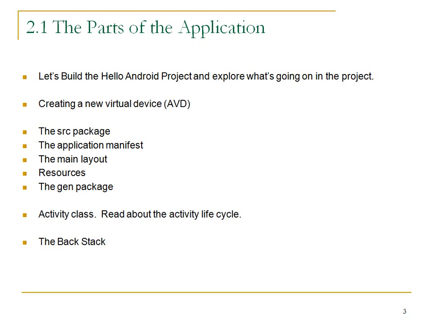I know you've done that already in the setup, but we're going to just keep making some. We will look inside the application at the source package, the application's manifest, the main layout, the resources, the gen package, and then we will specifically look at the activity class. And we'll talk about the backstack. Let's go right away to Eclipse.